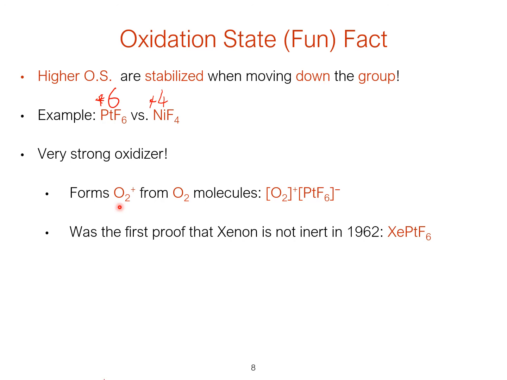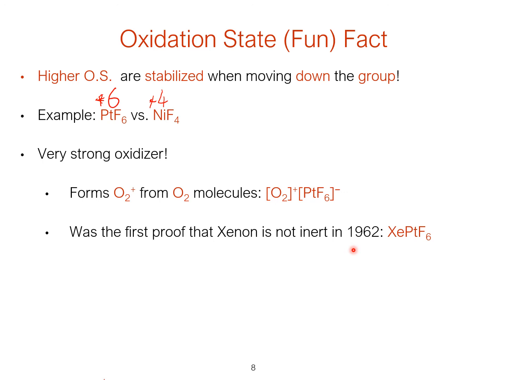Now this platinum hexafluoride is a very strong oxidizer and has a nice little bit of history. It's actually such a strong oxidizer that it can oxidize oxygen. So O2 molecules can actually become O2 cations, which is very rarely done. Now the chemist that did this realized that the ionization energy of O2, so to make O2 into a cation, is really similar to the ionization energy of xenon.